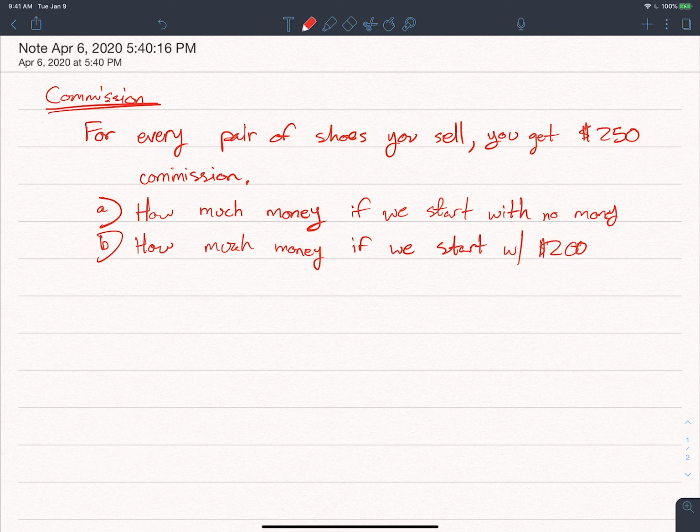We want to find out how much money we'll have. So for both of these examples, we'll say that we sell on average 20 pairs of shoes each month. So what we want to find out is how much money will we have if we sold our 20 pairs of shoes?